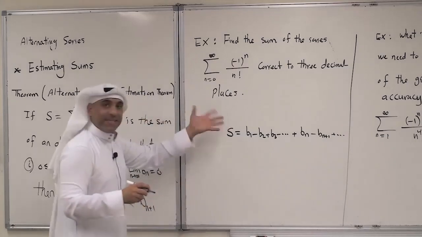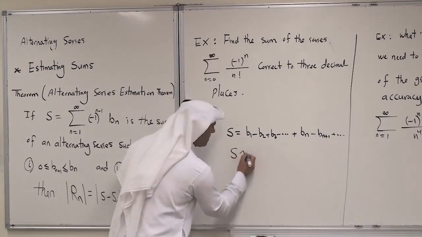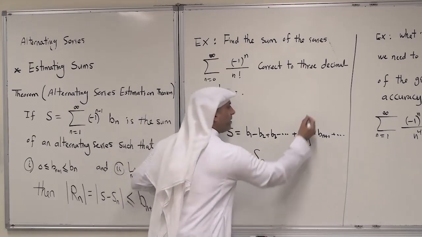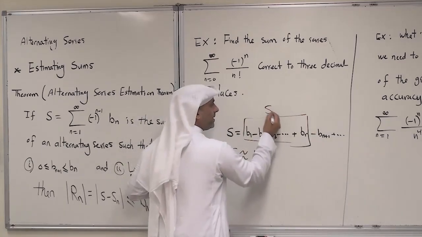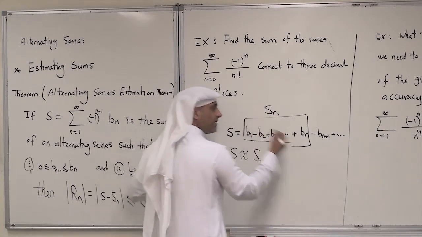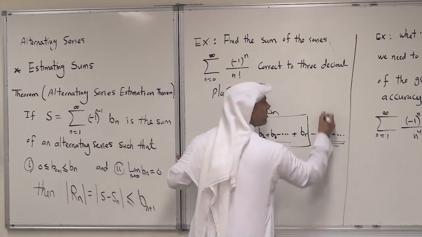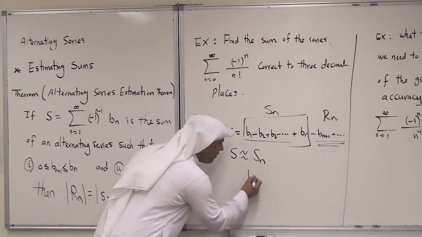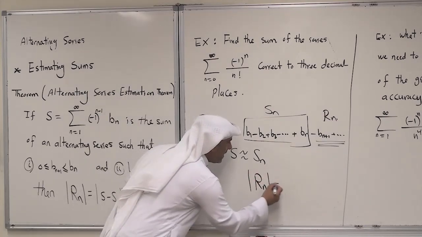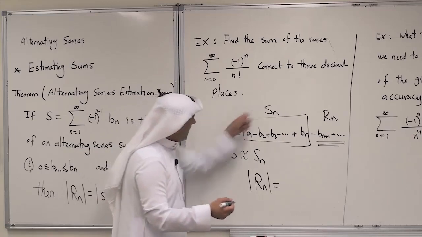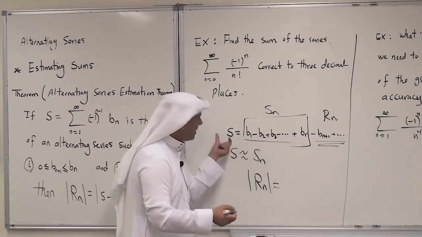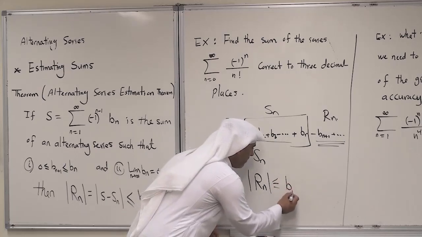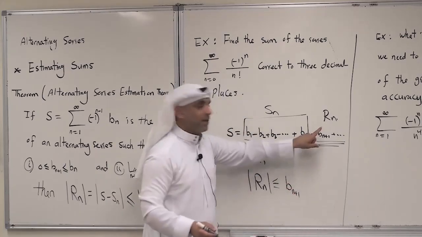If we need to estimate the sum, always this S is approximately equal to Sn. So this theorem says, if you stop here, and this will be called Sn, so S is approximately equal to Sn, you have an error here. This is called Rn. This theorem says the absolute value of Rn, which is the difference between S and Sn, is less than or equal to the value of the next element in the sequence Bn.